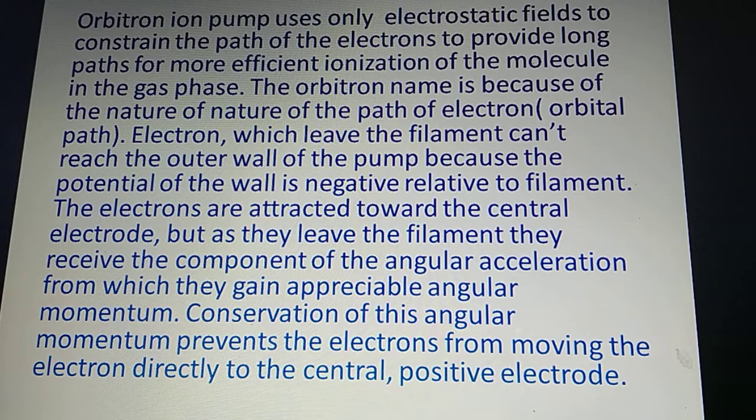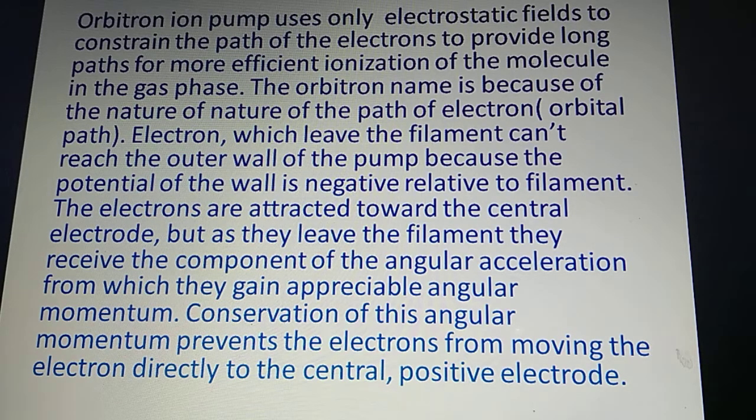and the path of the electron is an orbital path. Therefore the electron which leaves the filament can't reach the outer wall of the pump, because the potential of the wall is negative relative to the filament, and that's why the electron can't reach the outer wall of the pump.